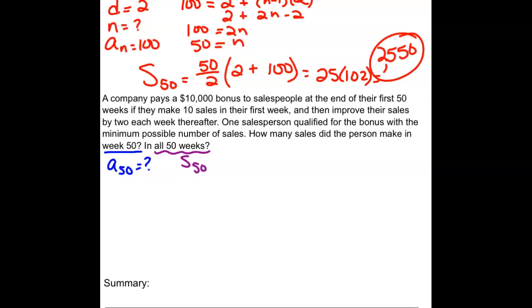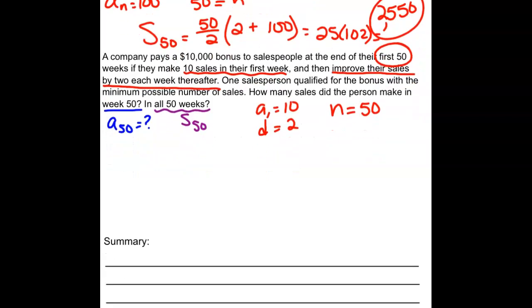All right, so let's look at our sequence. We are told that the first week they make 10 sales. So A sub 1 is 10. And then they improve their sales by 2 each week after that. So our common difference has to be a 2. We know that there are 50 weeks in this process, so n equals 50.